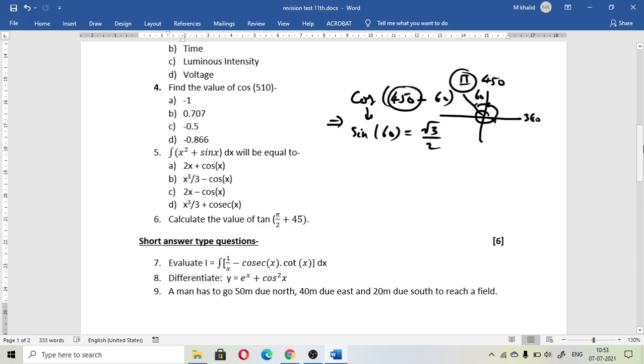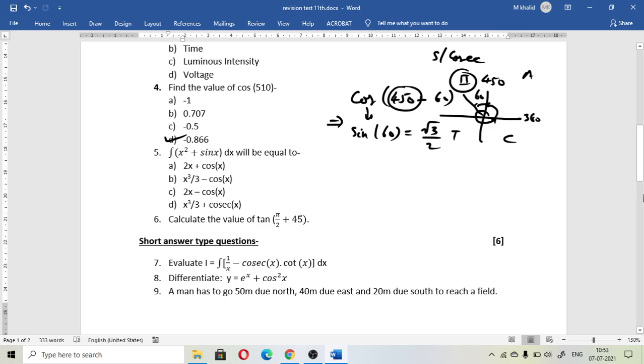So the answer will be root 3 by 2, that is D. And the sign should be positive, not negative? Because it is coming in second quadrant, A S T C, oh sorry, it will be negative, because here only sine and cosec will be positive. So our answer is D.